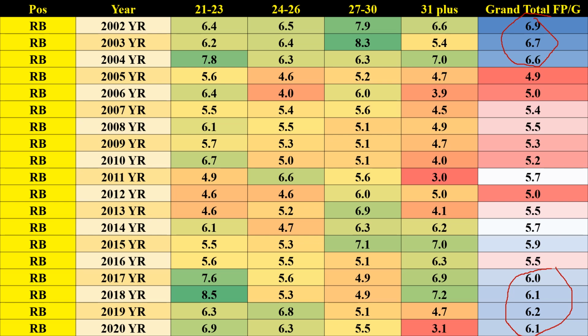So let's look at youth. This was good, and these were good, the top three. 6.9 per game, much higher than any of these. In fact, what is that? The fourth. So we've got the first, third, and fourth all in recent times of the youth here.